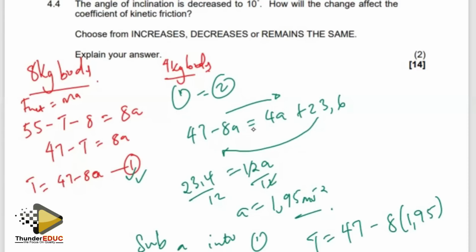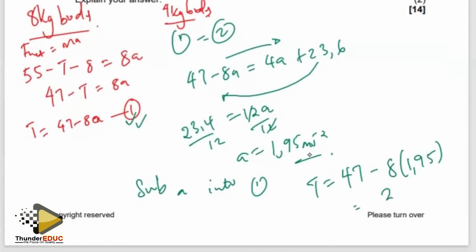Okay, so when I do the subtractions and the substitutions, I'm ending up with 31.4. So which means our tension force is 31.4 newtons. Okay, then that question will be answered.